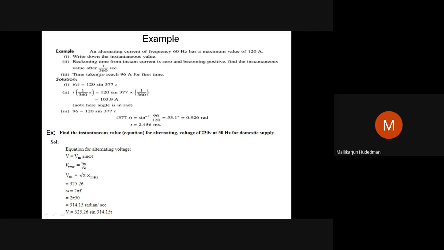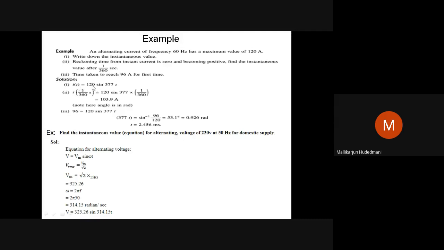And the time taken to reach 96 ampere the first time. You have to read the statement here. This wave is representing 96 ampere during its progression as a sine wave. When does it really become 96 ampere? That is the time required. Then what is being done?